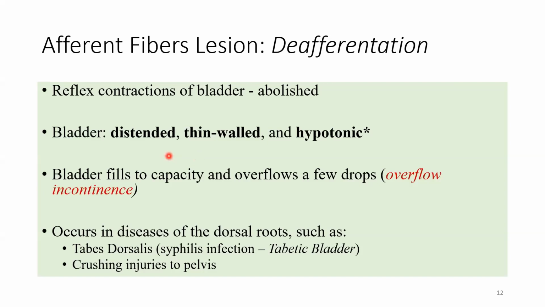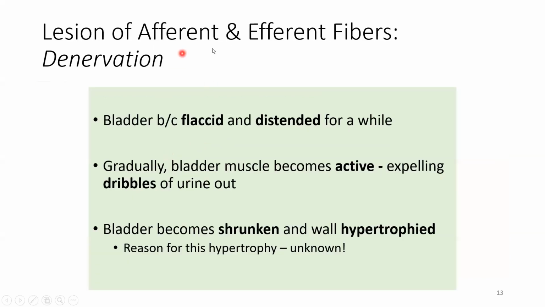Then you have those crushing injuries, which take out the entire pelvic nerve, so both afferents and efferents go. We call it denervation. You've studied this word in relation to muscles: when the supplying nerve gets cut, we say that the muscle has been denervated.